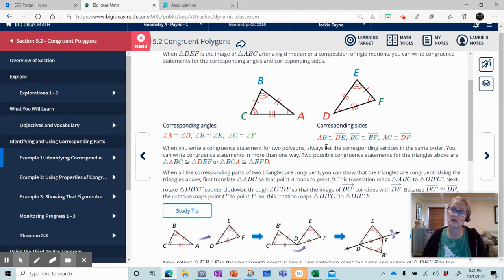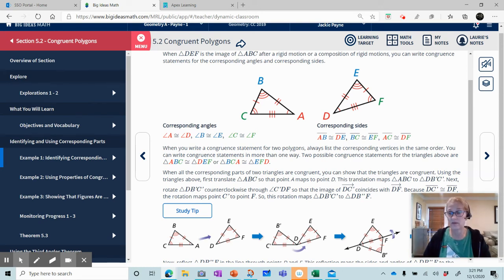Now, if it's hard for you to see, I would always recommend rotating the figure. I would actually redraw it on my paper. Some of you may be able to do it visually, or you could just go by the fact that they have the same tick marks. So ED and AB both have 2 tick marks, so they are congruent. EF and BC are congruent.